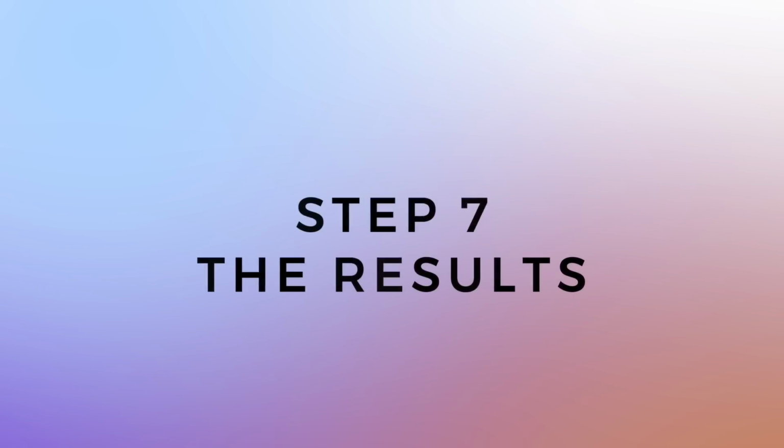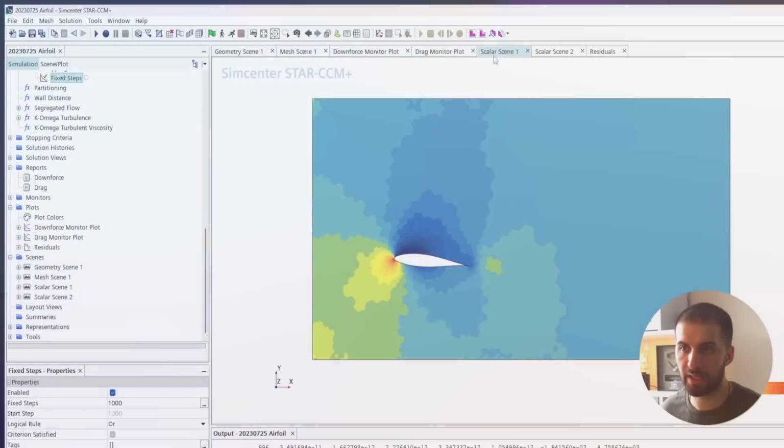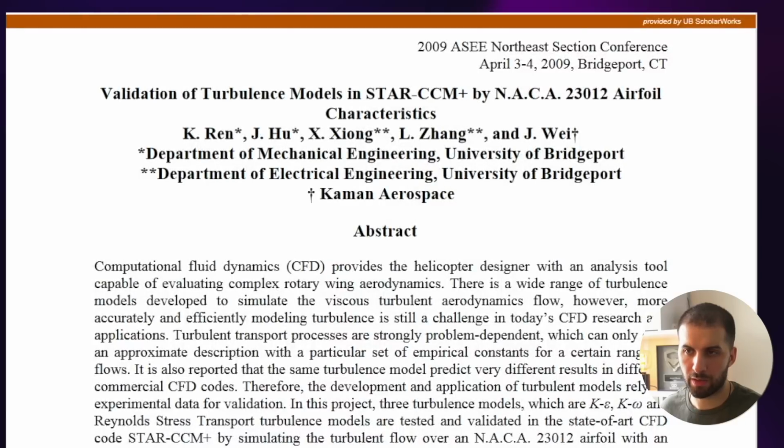Firstly, let's compare very quickly what would have happened if we used other turbulence models, like the K-epsilon or RST model. This article, for example, that I'm going to show right now in this video, shows the validation of turbulence models in STAR-CCM+.